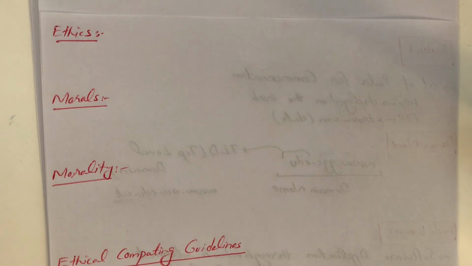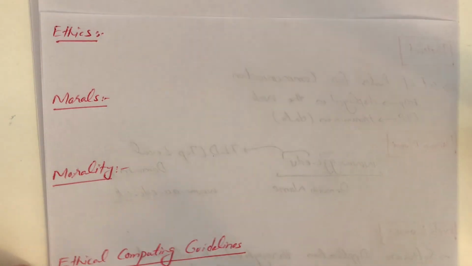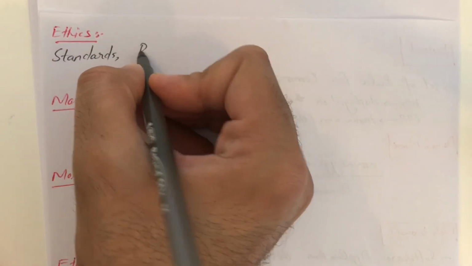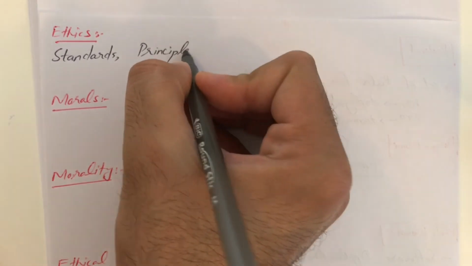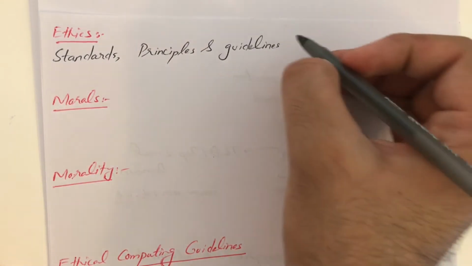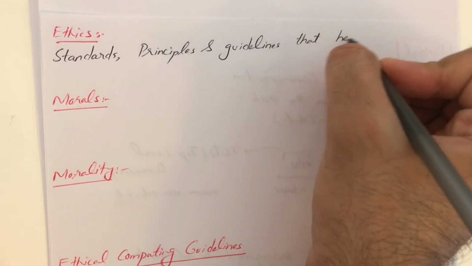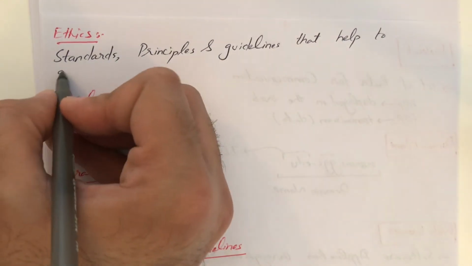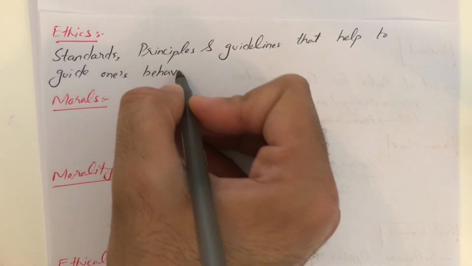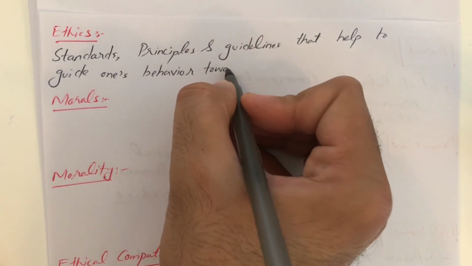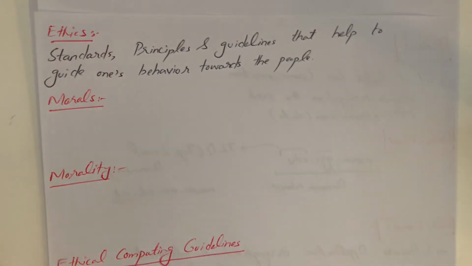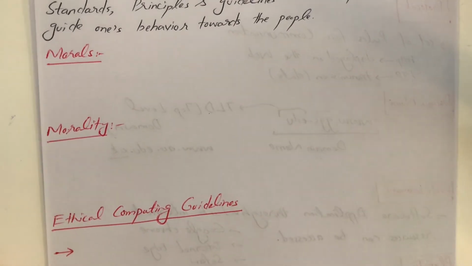Ethics is basically socially acceptable behavior, or you can define ethics as standards, principles, and guidelines that help to guide one's behavior towards the people. This is called ethics.